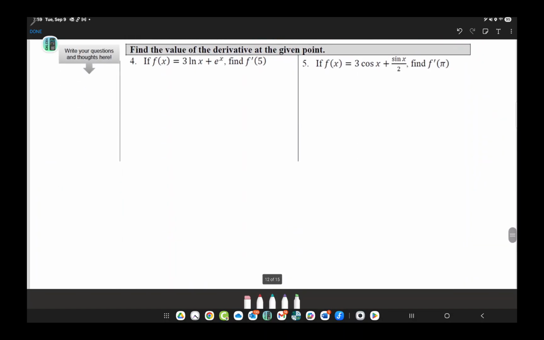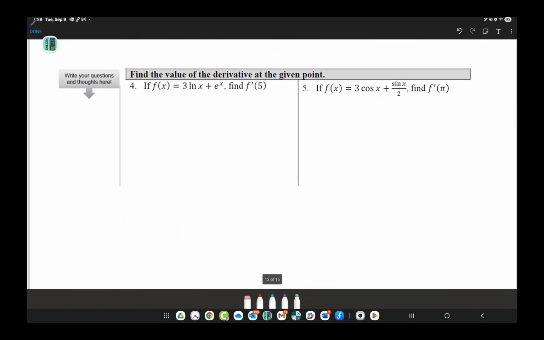Next page. Yep, a couple more. Now here they want us to plug in 5. We do not have to simplify. When we get down here, you'll see we can a little bit, but not everything's going to be something I want to find an absolute value for. So first, f prime of x.